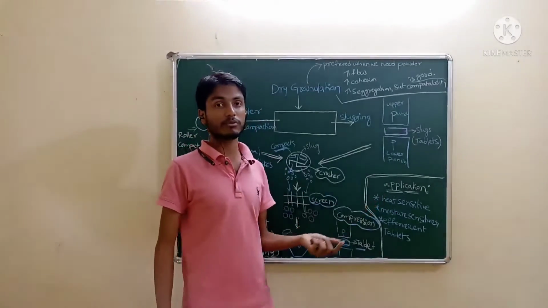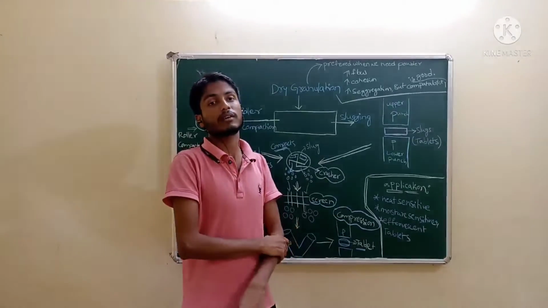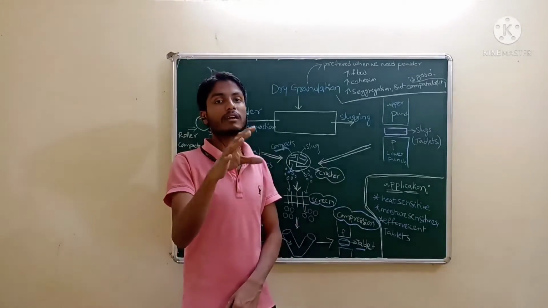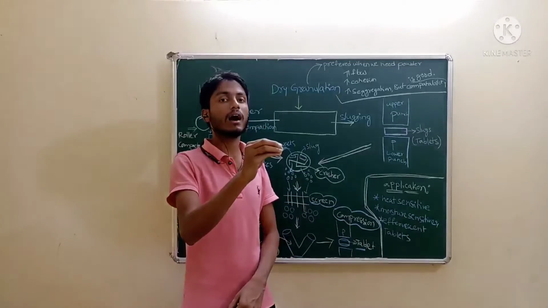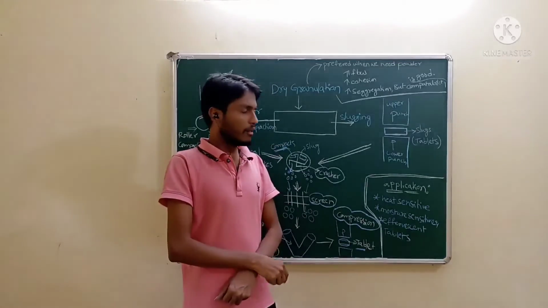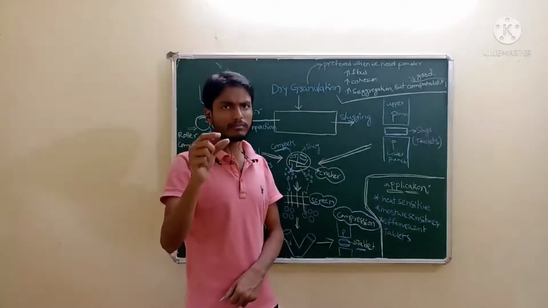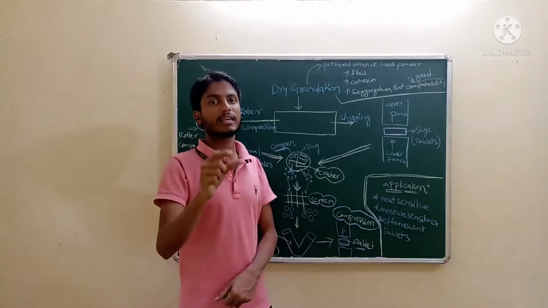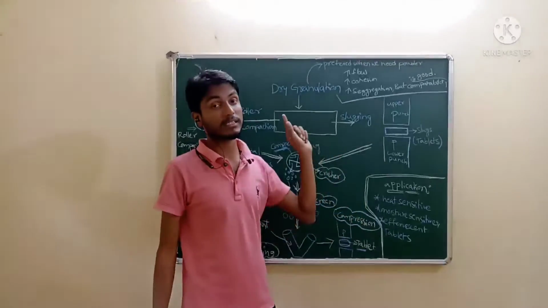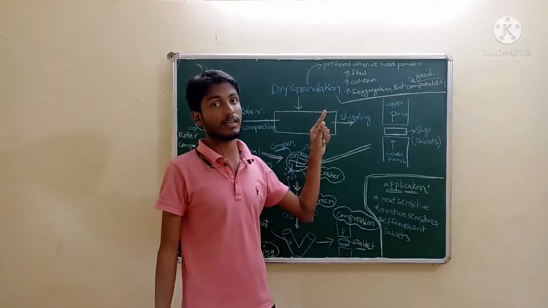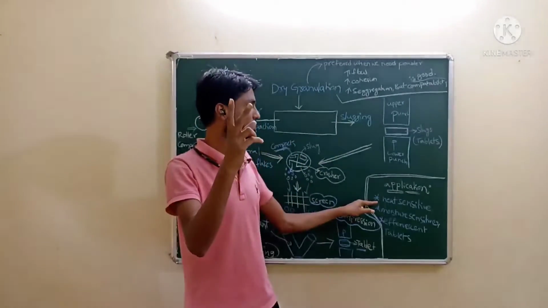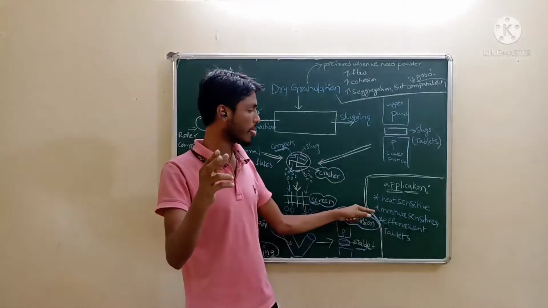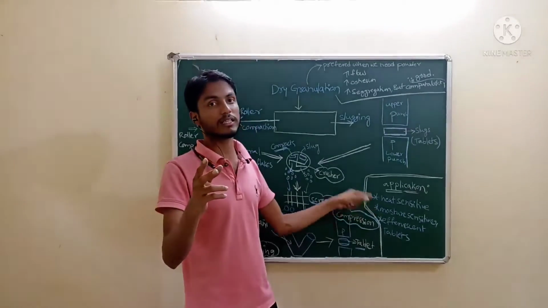That binder contains water, and that water may degrade the product through hydrolysis. The water sensitive products will be degraded by water, which does not happen in dry granulation. So there are these two advantages: for heat sensitive materials, we are not doing drying; for moisture sensitive materials, we are not using any solvent, water.